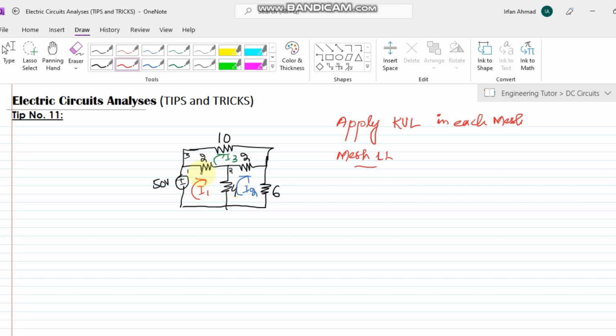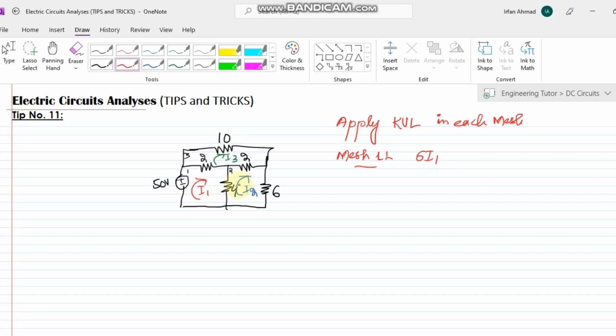What are the resistors in mesh number 1? Those are 2 and 4. So 2 plus 4 is 6, and the current in that mesh is I1. So you use 6I1 here.